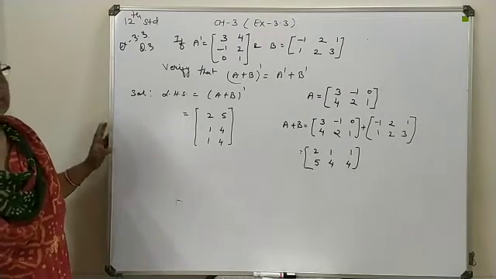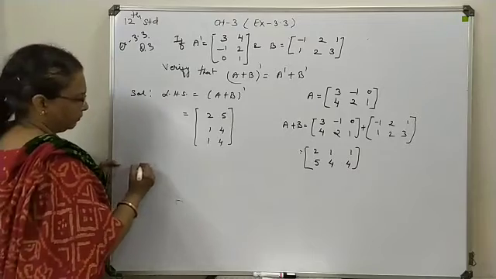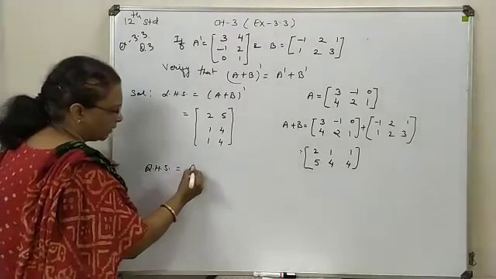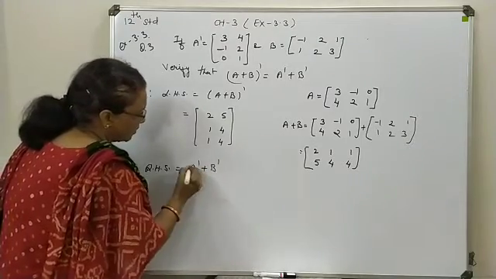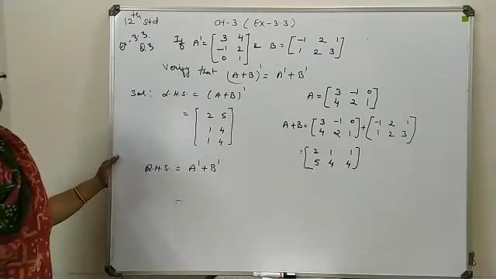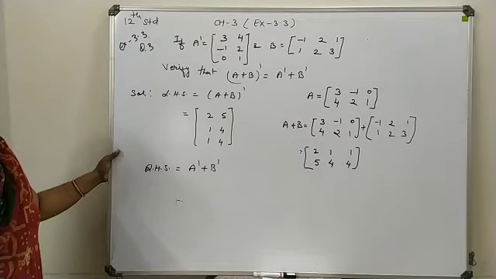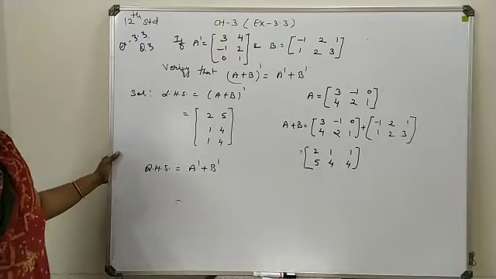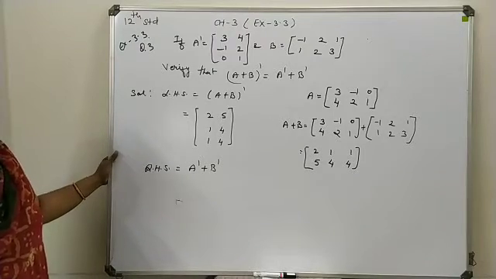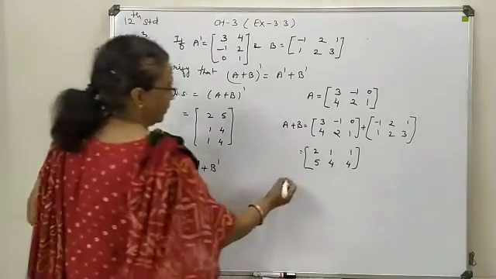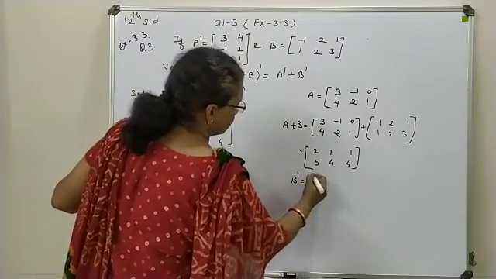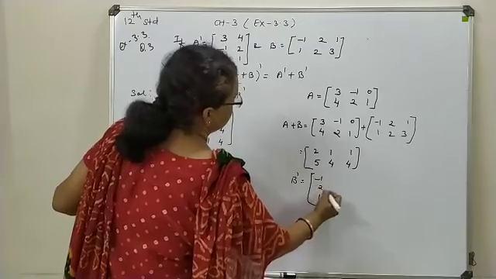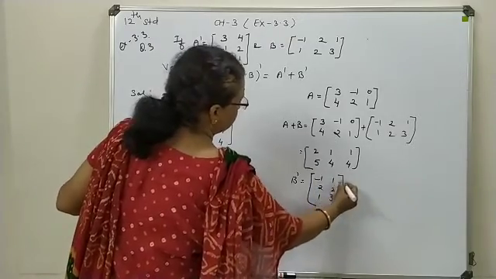Now you move to the right-hand side solution. On the right-hand side we need the sum of the transposes of the individual matrices. Here you can see your A is available in the transpose form, whereas B is available in the normal form. So first of all we write the transpose form of B as minus 1, 2, 1, 1, 2 and 3.